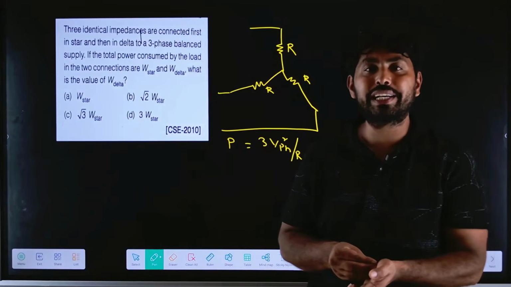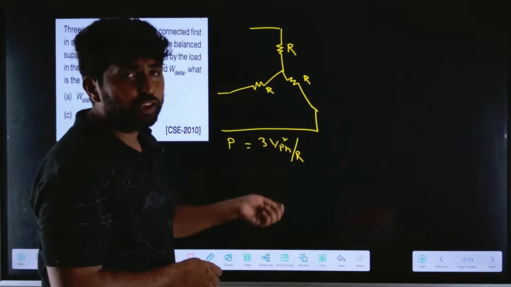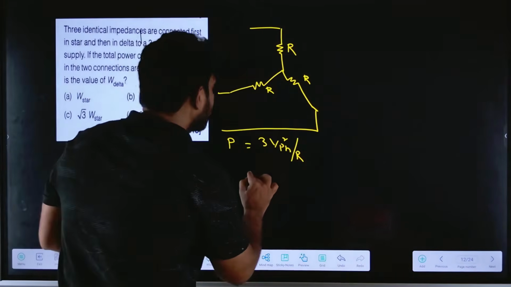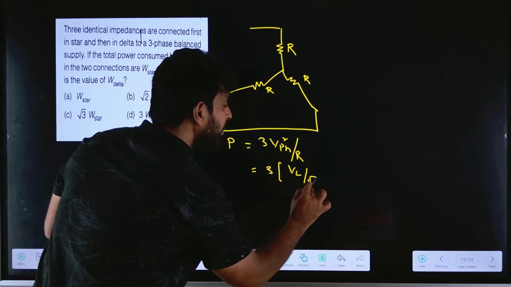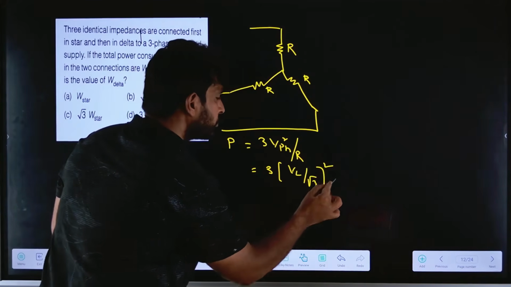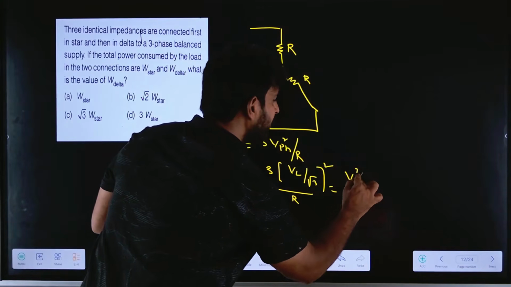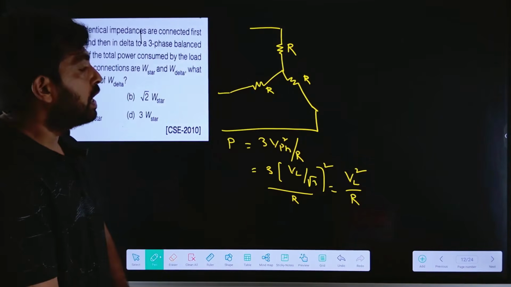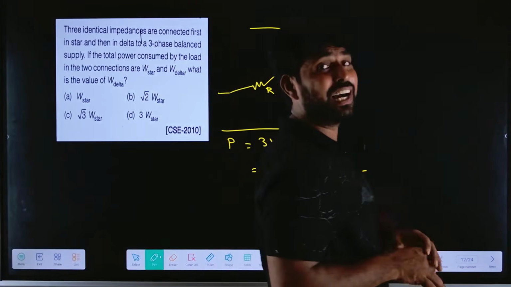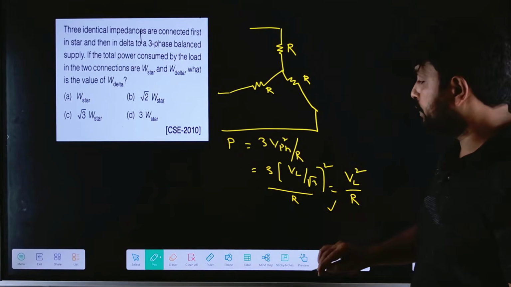The line voltage is equal to root 3 times the phase voltage. So I can represent it as 3 into (VL by root 3) whole square divided by R, which is equal to VL square divided by R or VL square divided by Z. So the power in the star connection is VL square divided by R. This is very important.